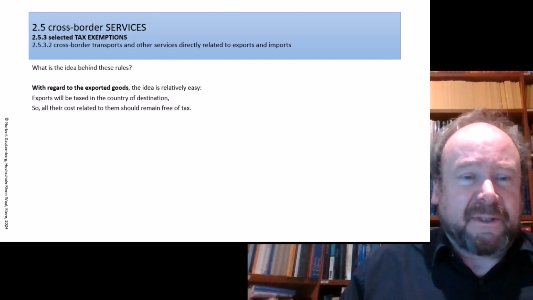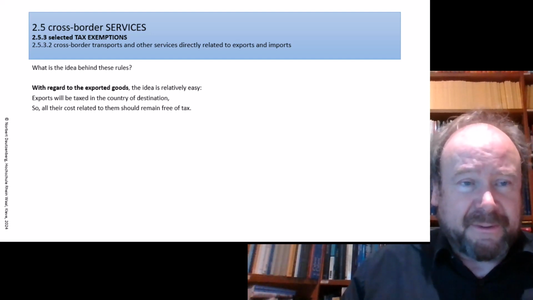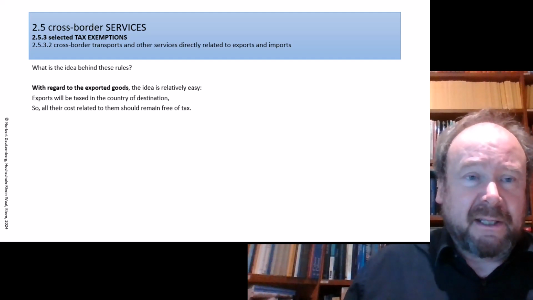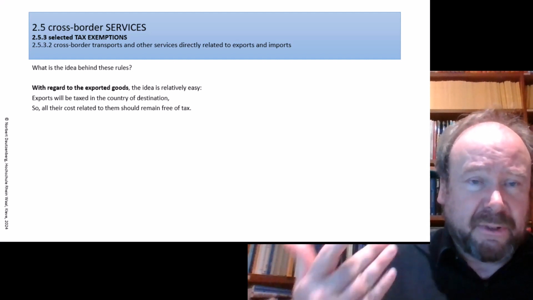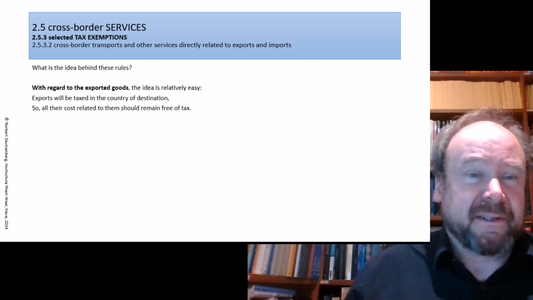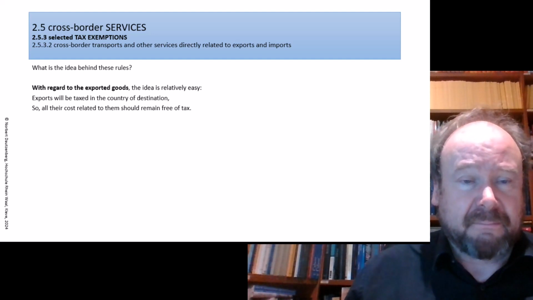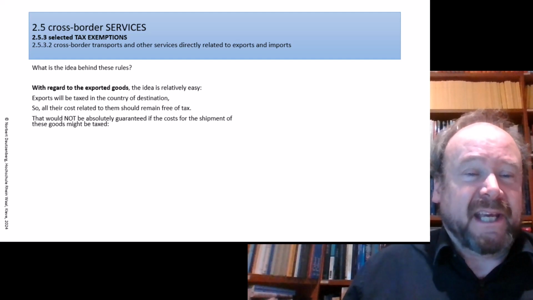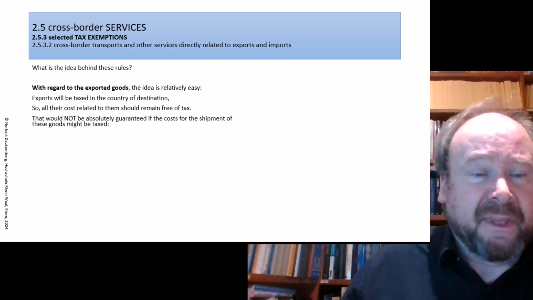So every cost relating to the exported goods will, in all probability, be included in the price or market value which these goods have at the border of the country for which they are meant. So they will be taxed with their importation VAT.